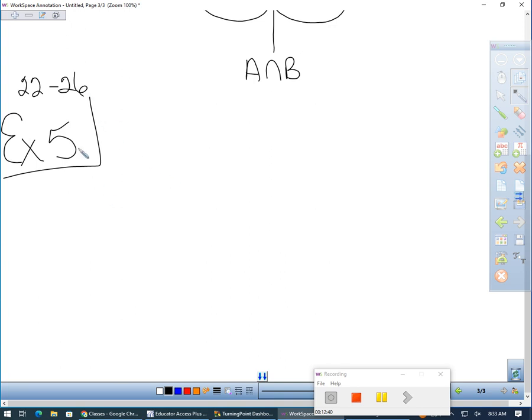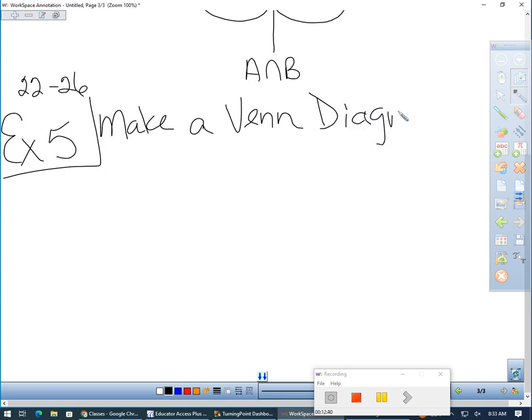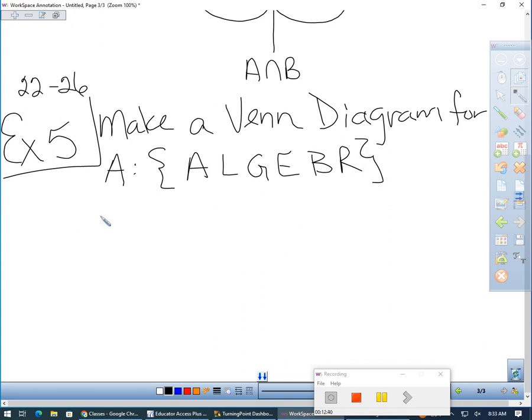If I tell you, make a Venn diagram for, let's say, set A is ALGEBRA, and set B is GEOMETRY.